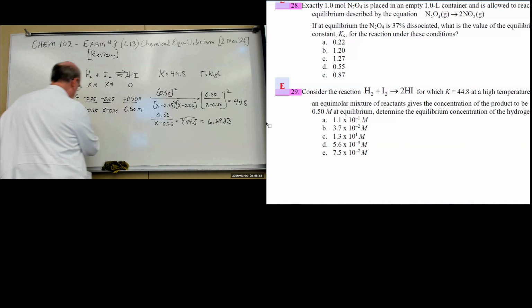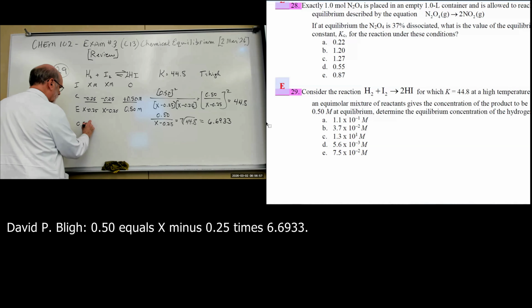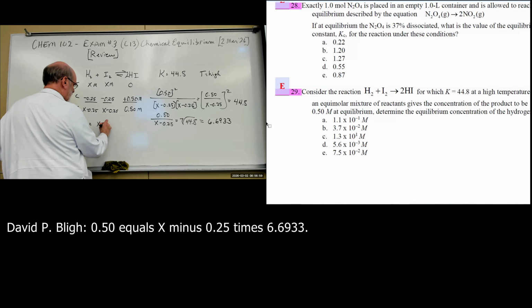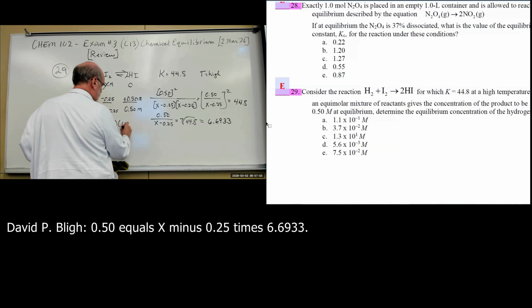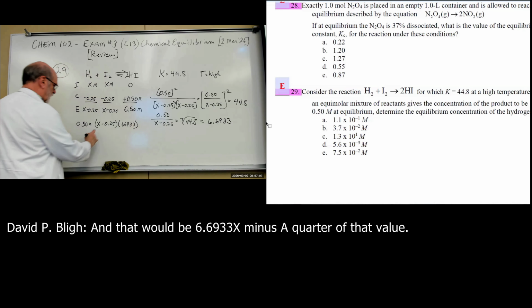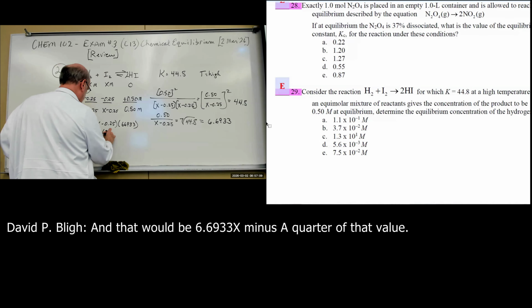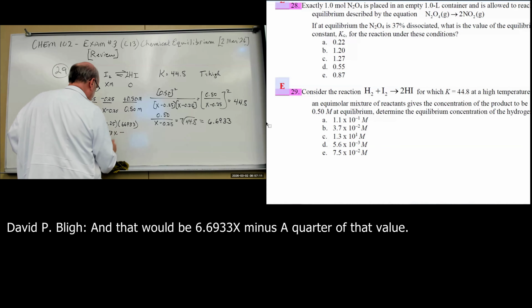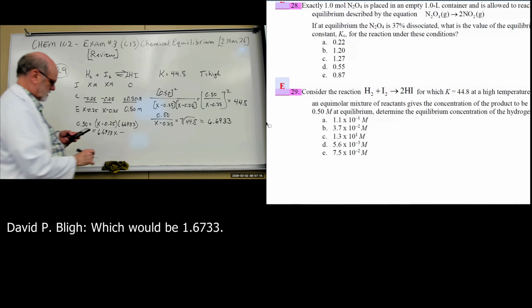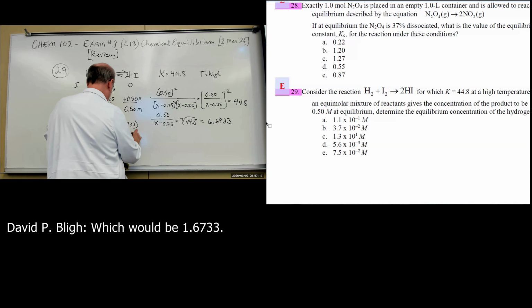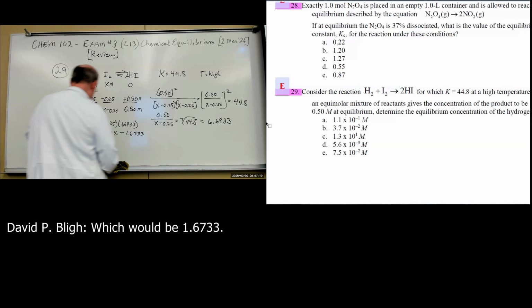Okay. 0.50 equals x minus 0.25 times 6.6933. And that would be 6.6933x minus a quarter of that value, which would be 1.6733.